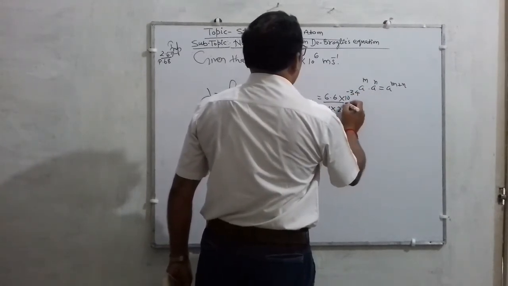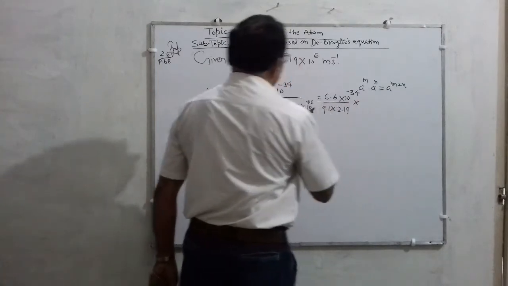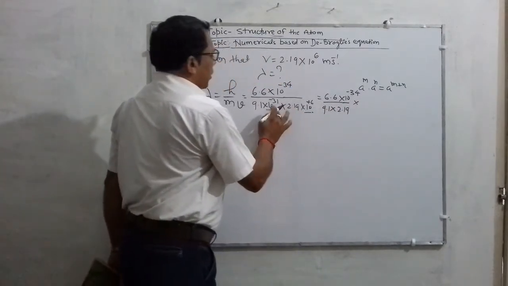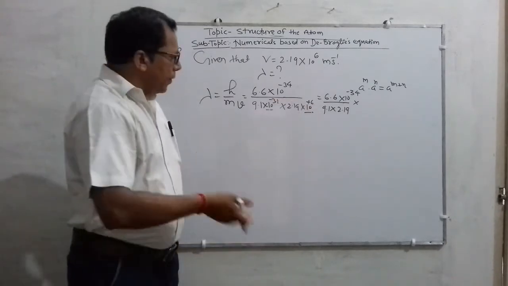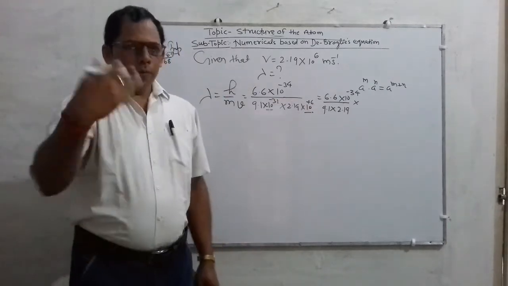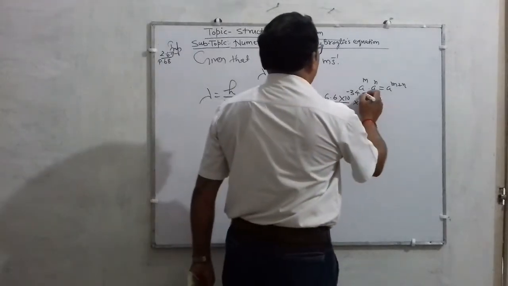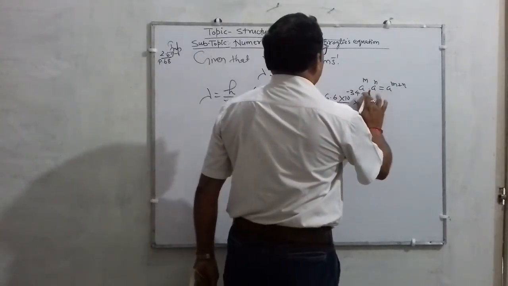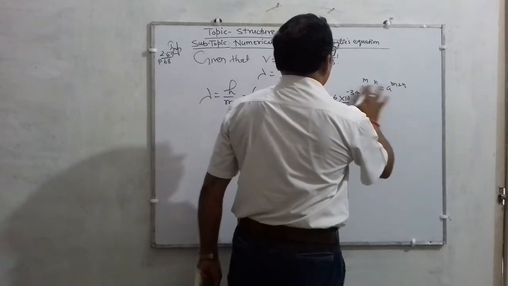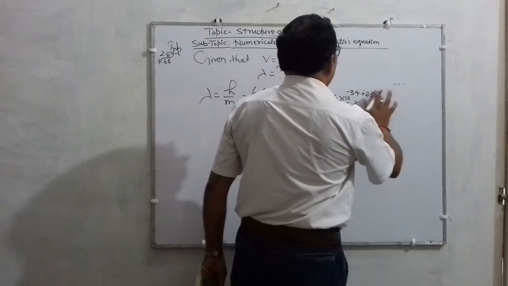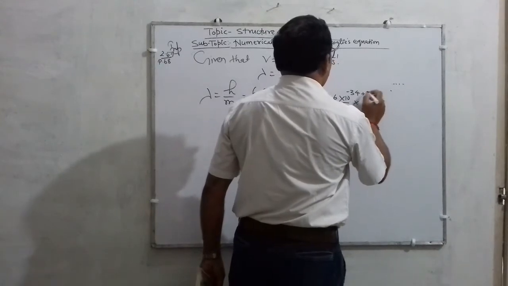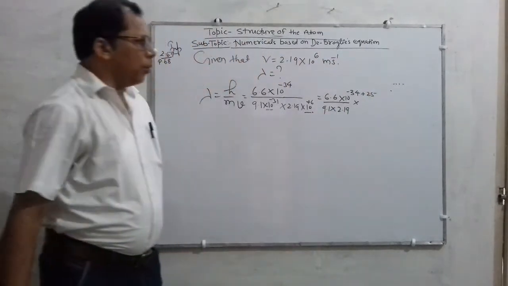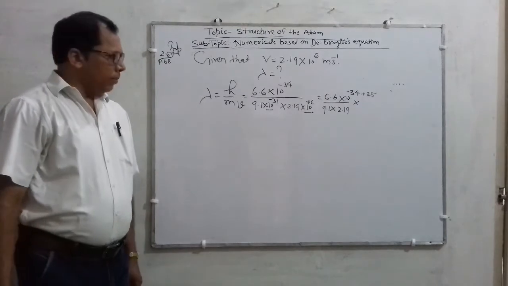9.1 into 2.91 into, children, the value which is coming 10 to the power minus 25, if that goes in the numerator, it will become positive and can be written in the same way as 10 to the power minus 34 plus 25.